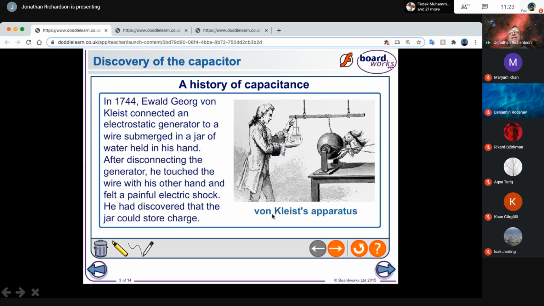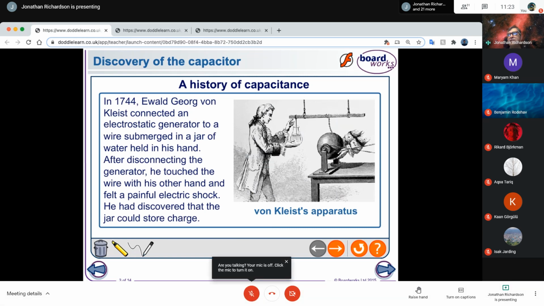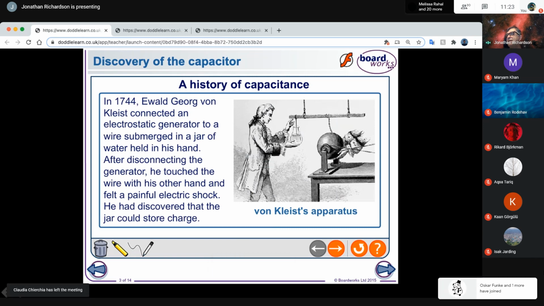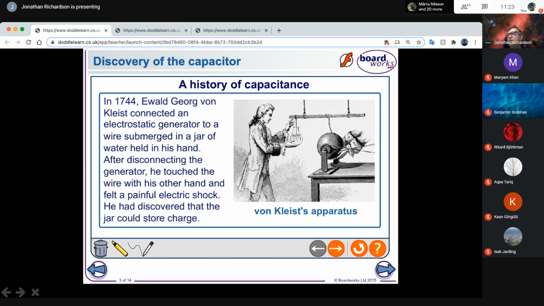Now, the whole thing started around the 1750s when a gentleman called Ewald Georg connected an electrostatic generator. You can see this wonderful device that's illustrated in there from the 1700s. It gives you an idea of the type of devices and equipment that was available during that sort of time.